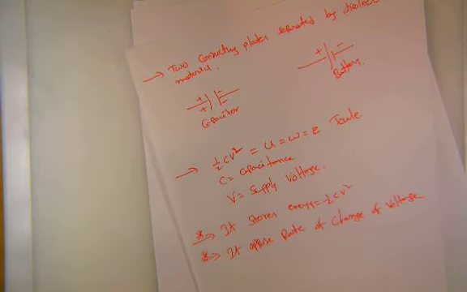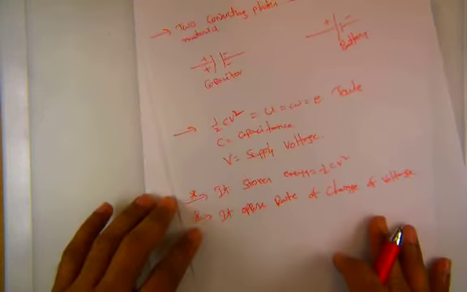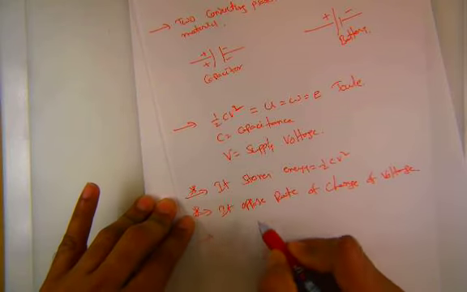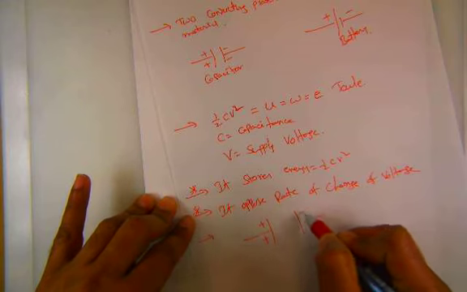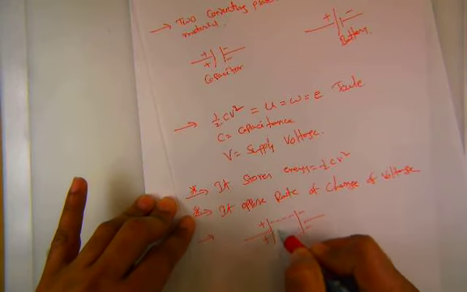Now, the current. As I mentioned, it stores energy in the form of an electric field. The electric field is created by having charge on each plate.